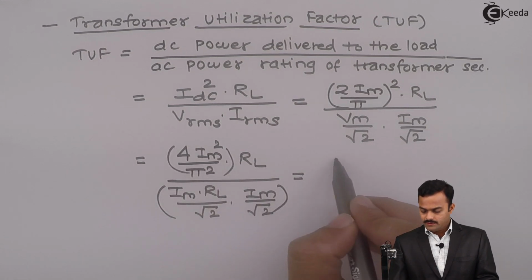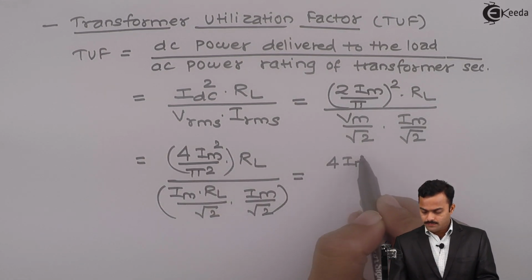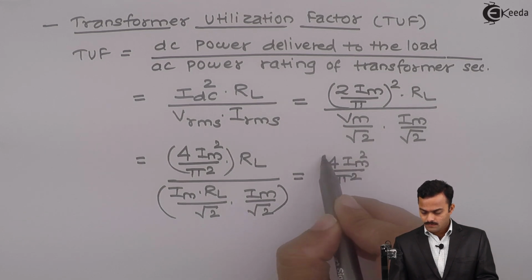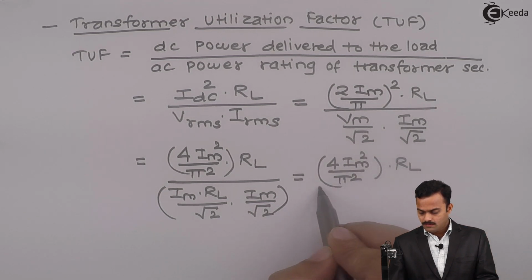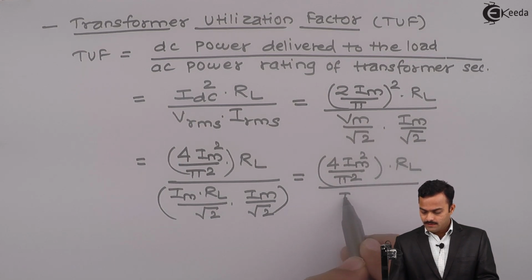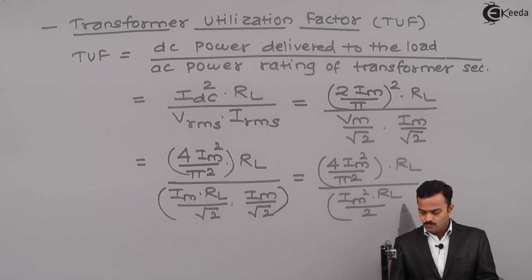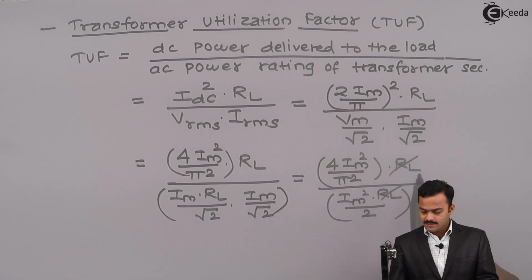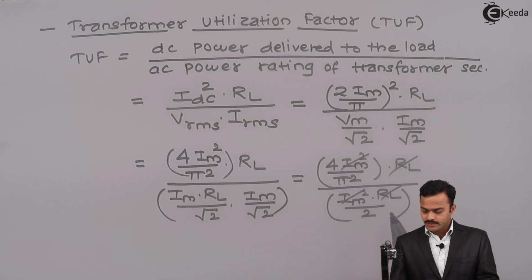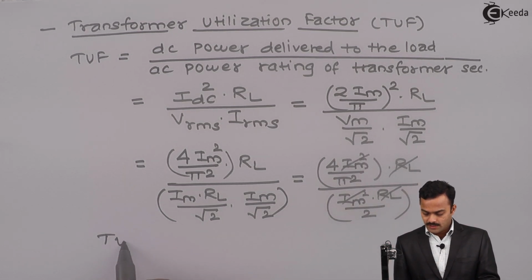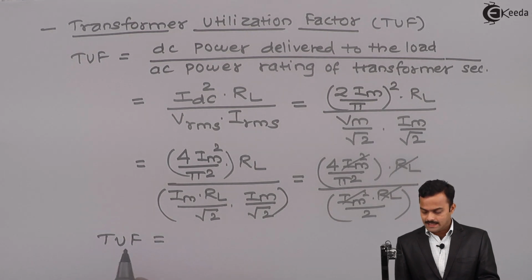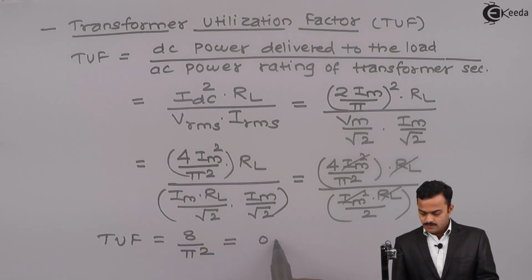So, that will give me 4 Im square by pi square multiplied by RL divided by Im square multiplied by RL upon 2. So, RL will get cancelled, Im square will also get cancelled, and that will give me transformer utilization factor as 8 upon pi square. If we solve, it will be 0.812.